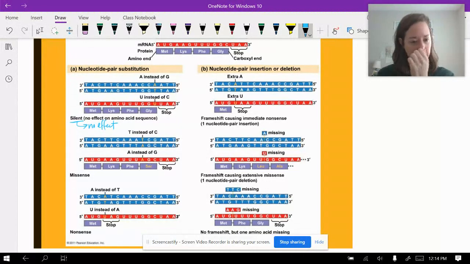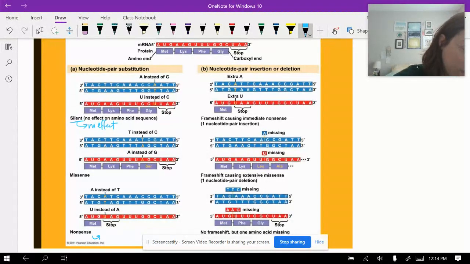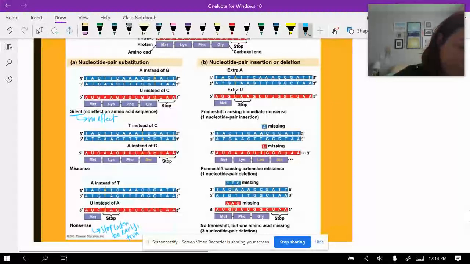You have a truncation down below that shows a stop. That's nonsense. This is a stop codon coming on too early. Truncation. Missense is wrong amino acid.